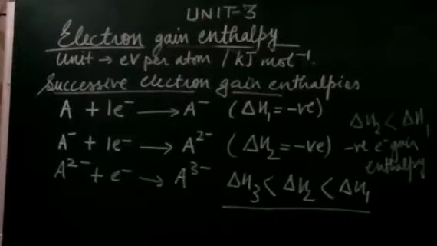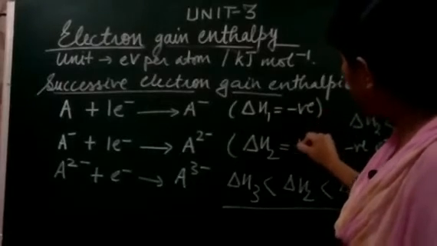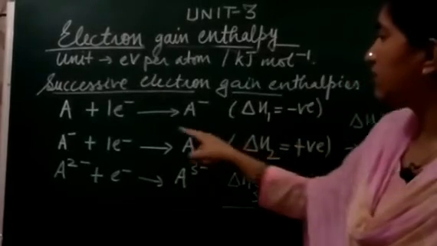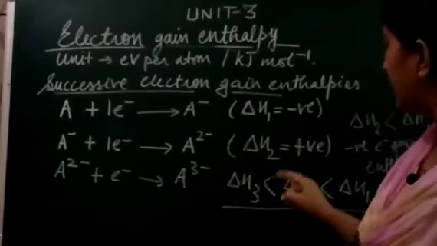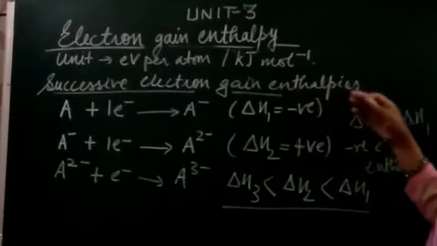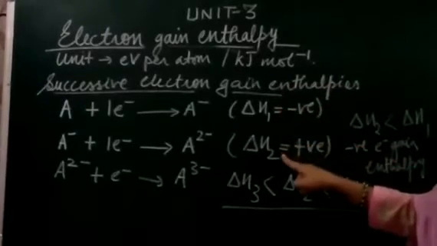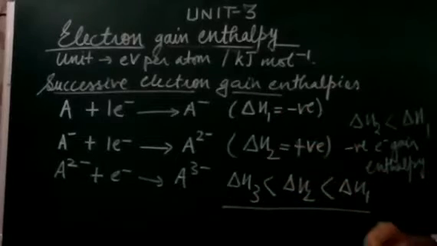Right, students? We put positive here because of the repulsion, so we are forcibly adding that electron and getting a positive value. So with one and one more electron, the enthalpy changes: first, second, third electron gain enthalpy.